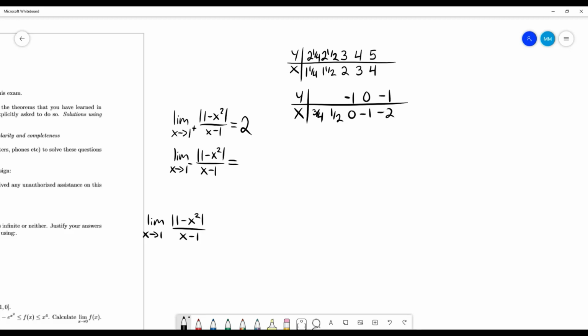Plugging in that 1/2, it's going to be 1 minus 1/2 squared. 1/2 squared is 1/4. 1 minus 1/4 is 3/4. 1/2 minus 1 is -1/2. This becomes a -6/4, or -2.5.